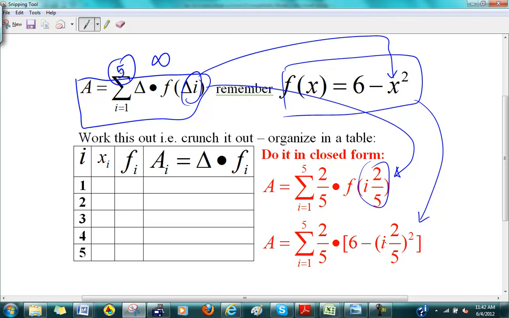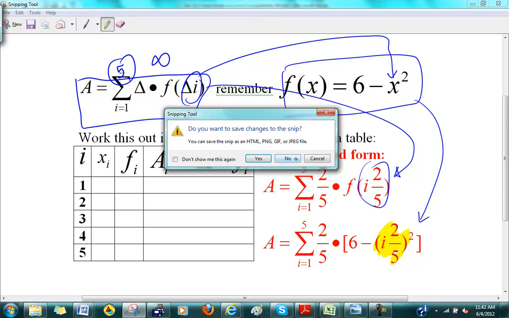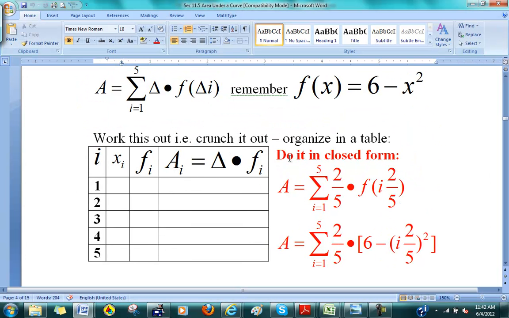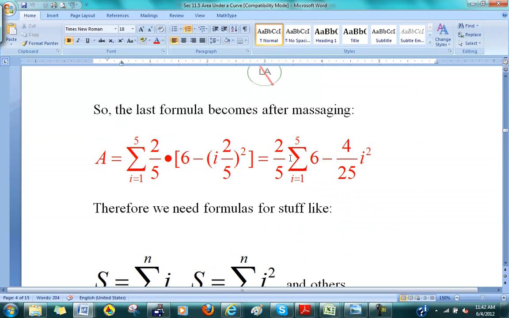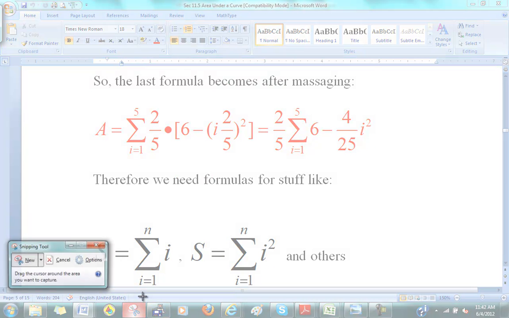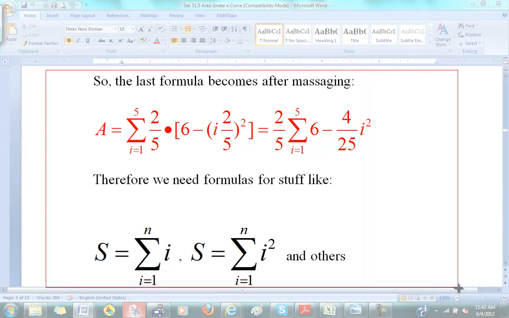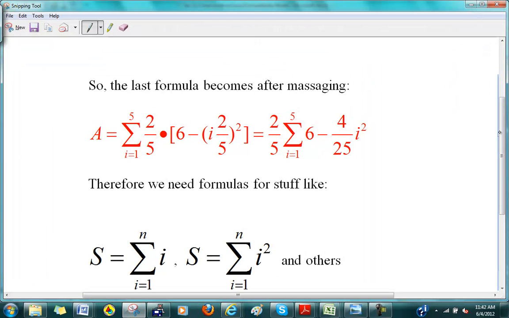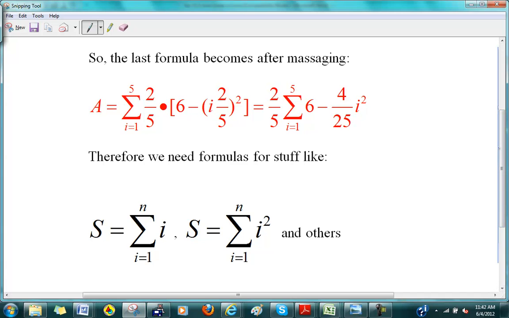That gives you this. Is everybody okay? Okay. What are we going to do with this? Let's move on, okay? So everybody get the transition from here to there.